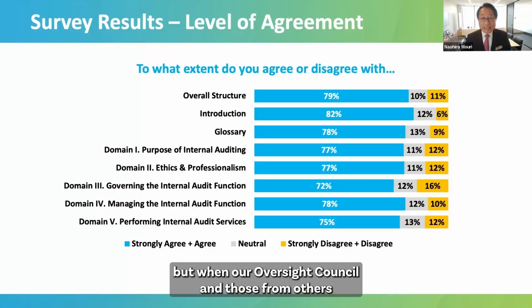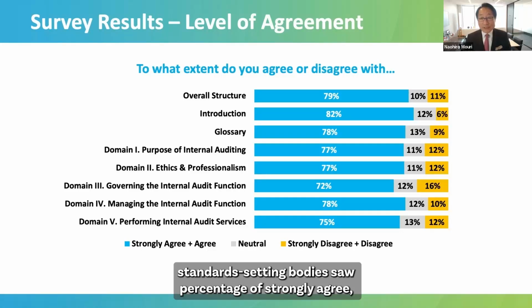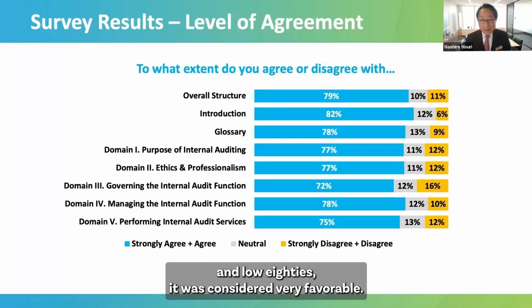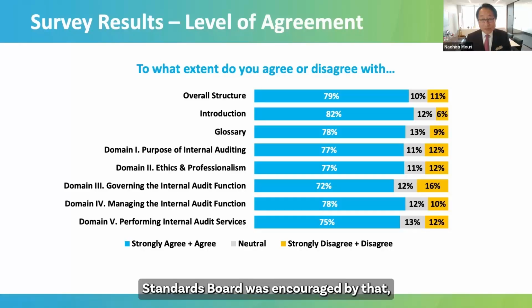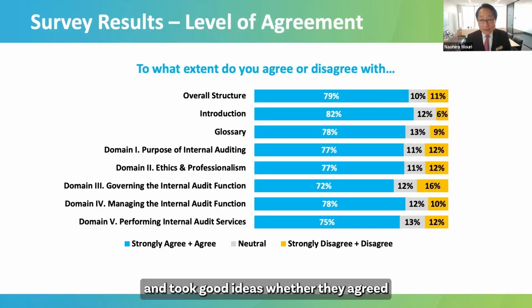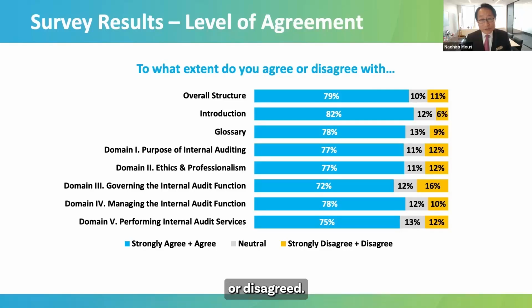But when our Oversight Council and those from other standard-setting bodies saw a percentage of strongly agree, agree, and neutral in the high 70s and low 80s, it was considered very favorable. Although the Standards Board was encouraged by that, we still took very seriously all the input. So we closely reviewed the responses and took good ideas, whether they agreed or disagreed.